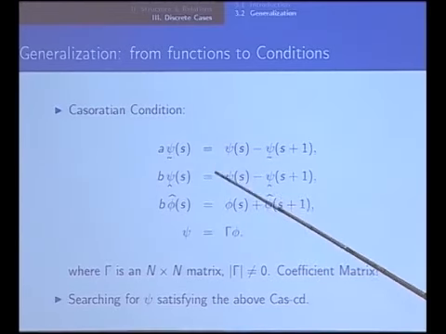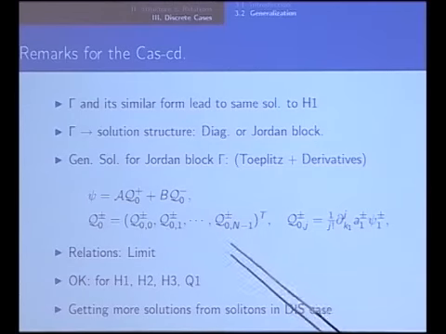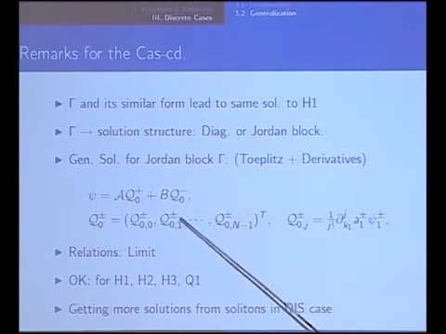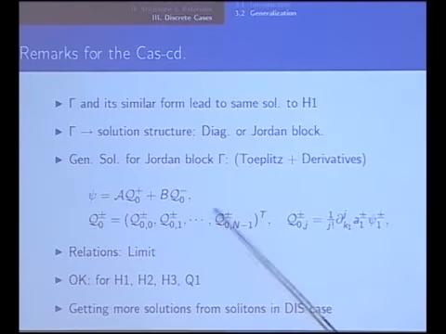This is not difficult because we have had the Toeplitz matrix. If we use the Toeplitz matrix, then we can get the general solution for phi for the generalized Casoratian solutions. And now it is very similar to the continuous case. In Casoratian solutions, we can have a diagonal solution or Jordan block solutions, and they are related by some limit procedure.